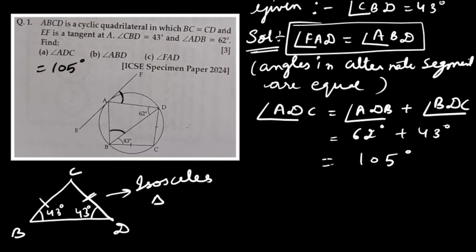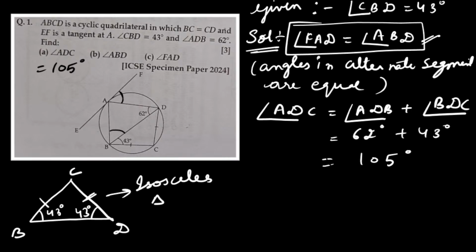How we will get the value of angle as 38 degree? You people are telling me the answer, so that I have already written also. Angle in the alternate segment, these two angles are equal. That was the first thing I did in the question. Yes, so that's what I wanted to know here.